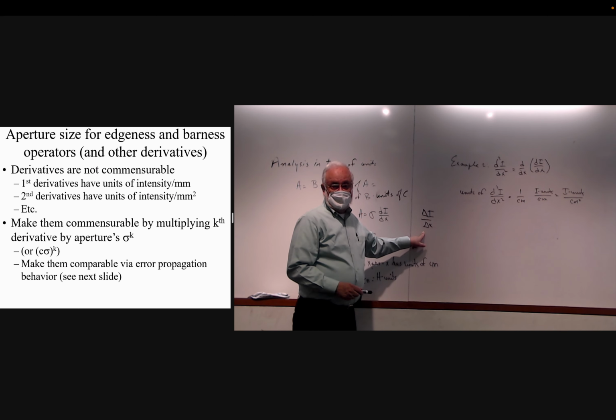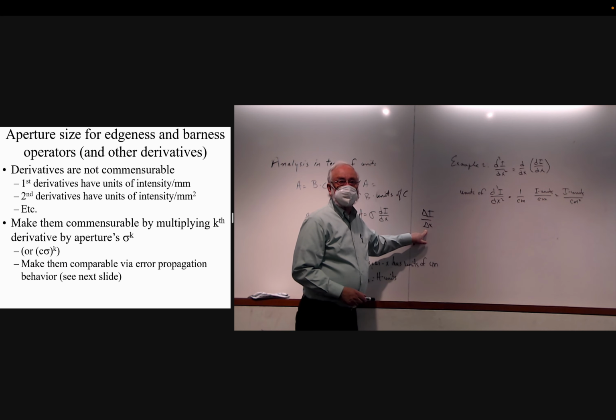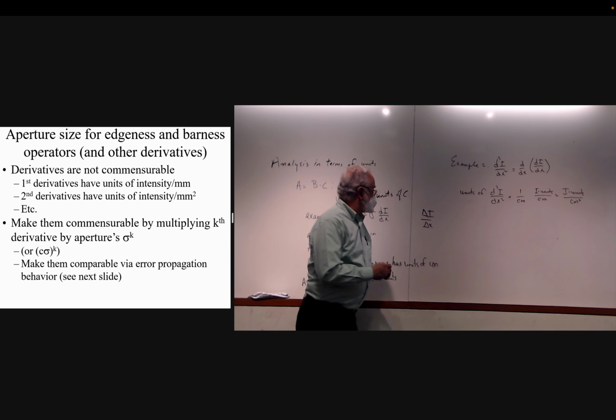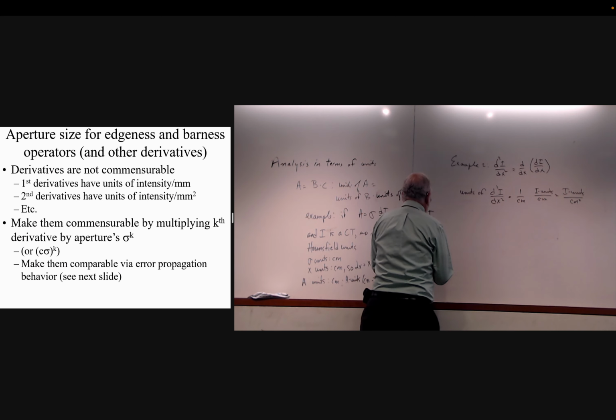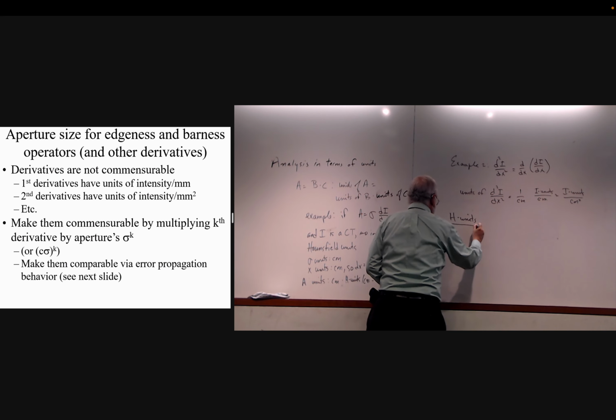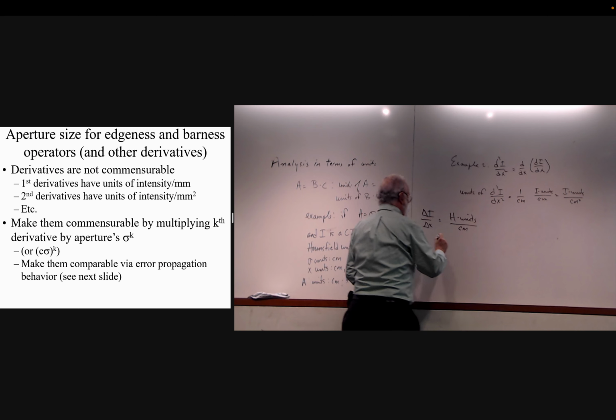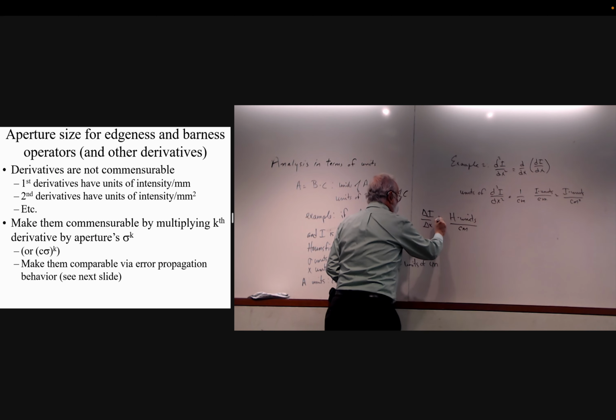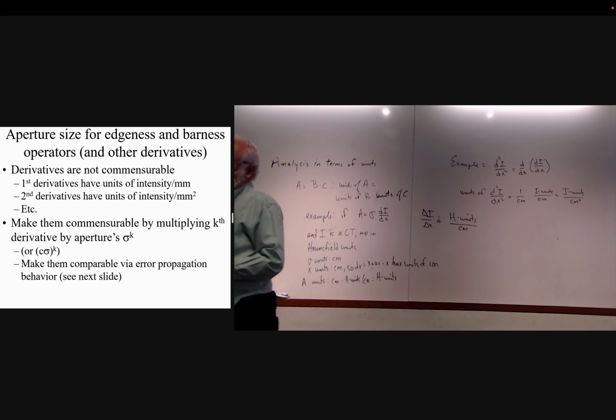Delta x is in centimeters. And so a derivative has units of the intensity units, in this example Hounsfield units, divided by centimeters, right? Derivatives of images are in intensity units per centimeter.